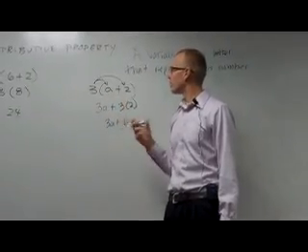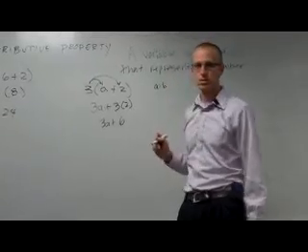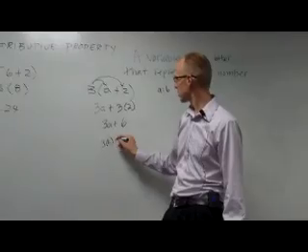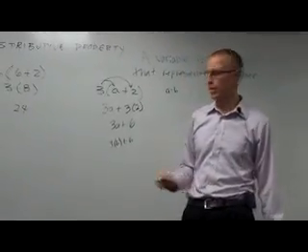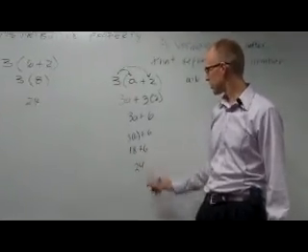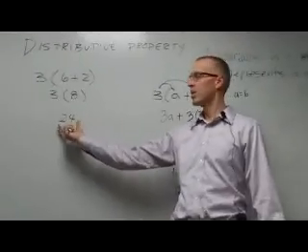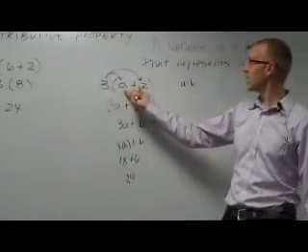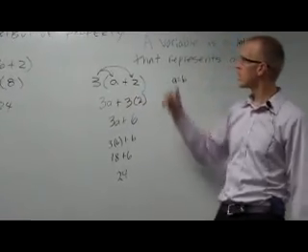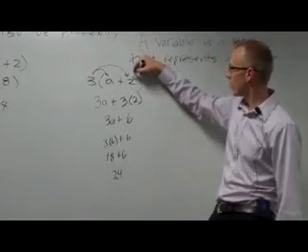Now, what if I say that a is equal to 6? Now I have 3 times 6 plus 6, which is 18 plus 6, which is 24. Which is the same thing that we had over here. Now, we could change a to be anything, but what is always going to stay the same is this pattern: 3 times a and 3 times 2.